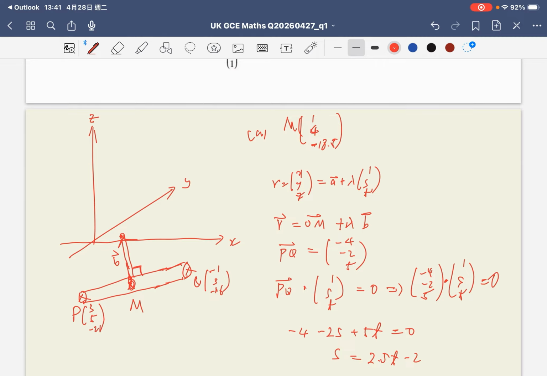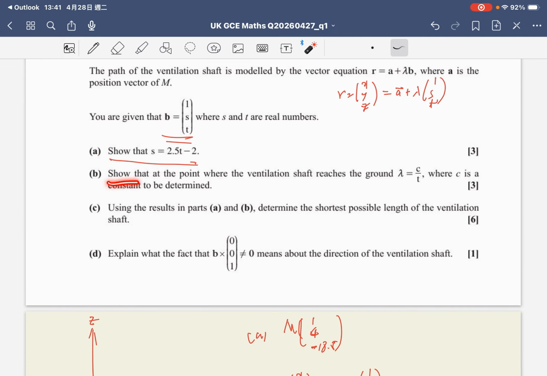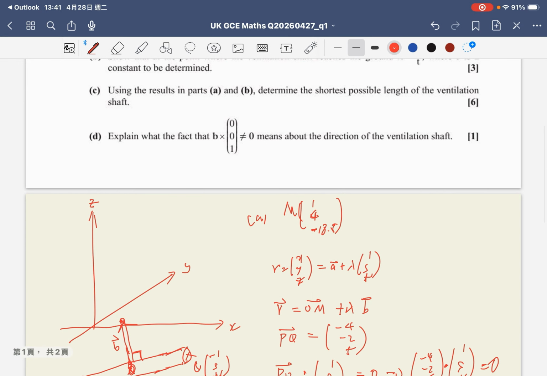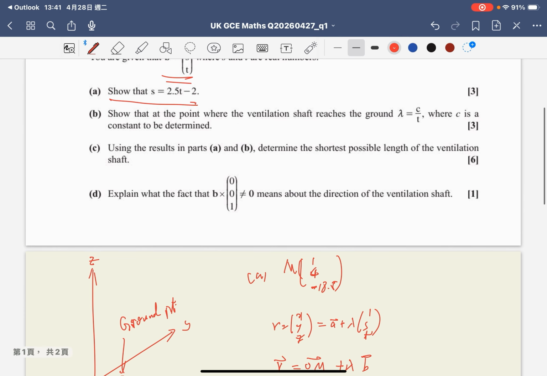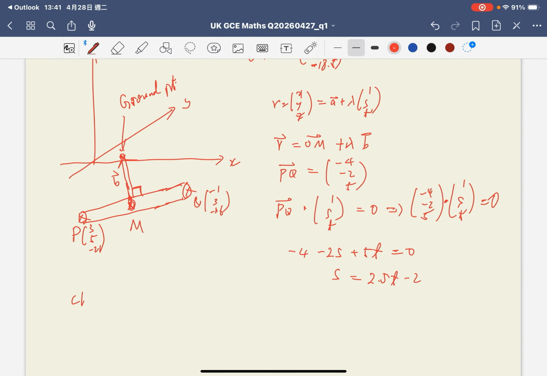For part B, at the point where the ventilation shaft reaches the ground, there is a ground point, and lambda should be equal to C over t, where C is a constant. Determine the constant C. Okay, now I write the vector r.